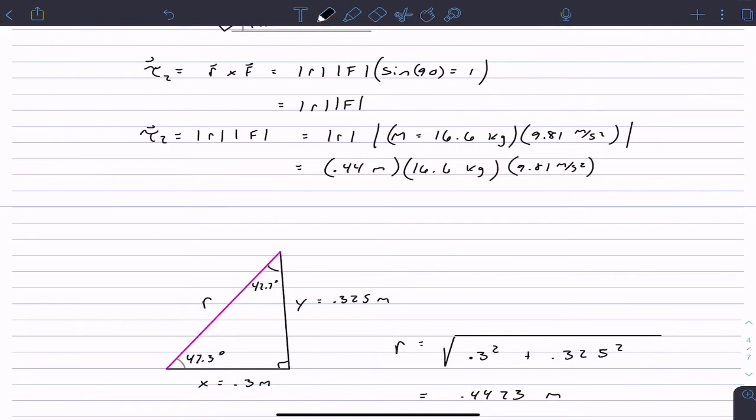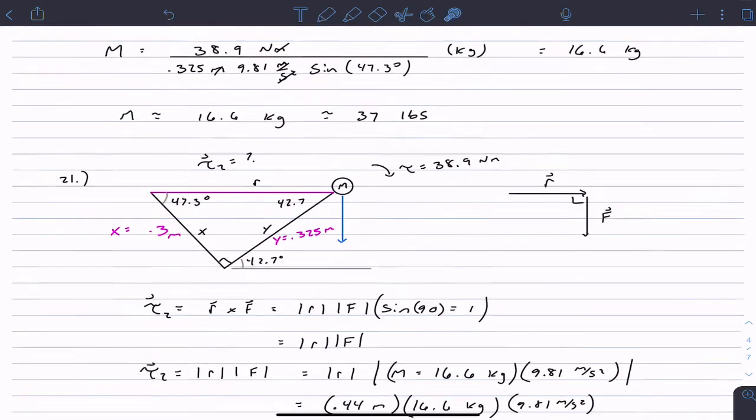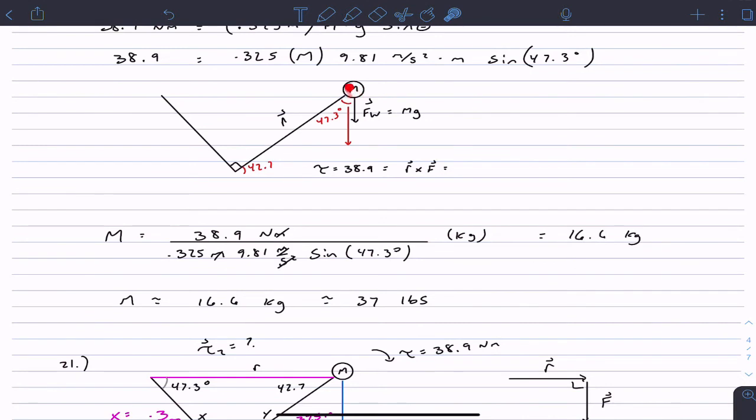And this gives us a value of 72 Newton meters. That's the torque around the shoulder. That's the answer you're looking for. So this torque from this dumbbell around the shoulder at this hinge point, 72 Newton meters. Okay.